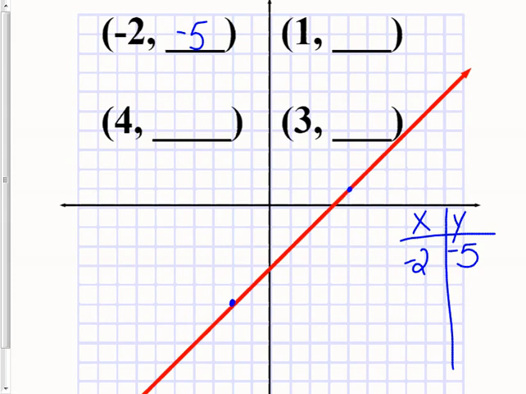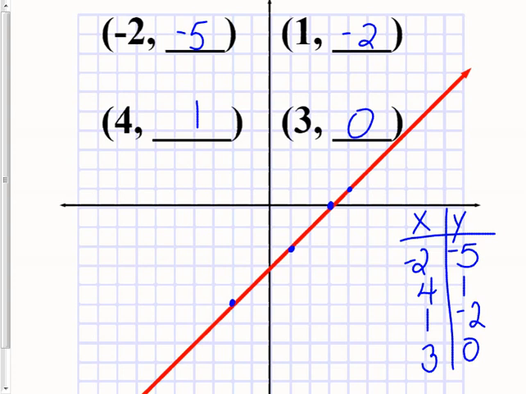So I get to 4, 1. For my next one, if x is 1, here's x being 1, I have to go down to get on the line. So I'm at 1, negative 2. I had to go down 2. And last but not least, if x is 3, I'm on the line, so 3, 0 is my ordered pair there.